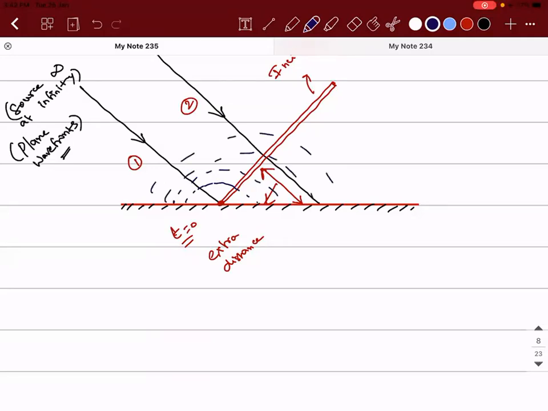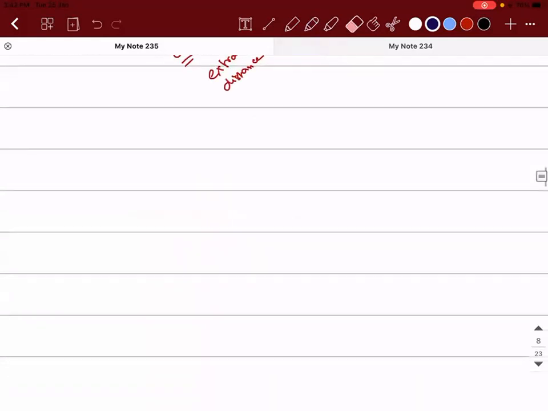In this extra time t, the point at the first point of incidence would have generated a wavelet of radius v into t, which is going to be in this direction. I'll draw it again. Observe.